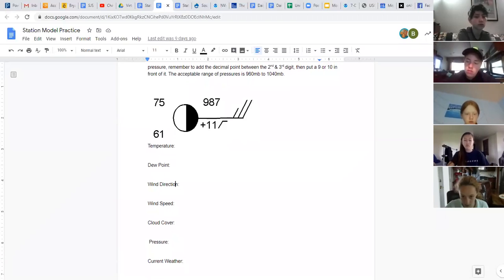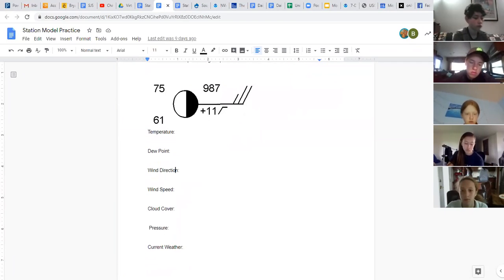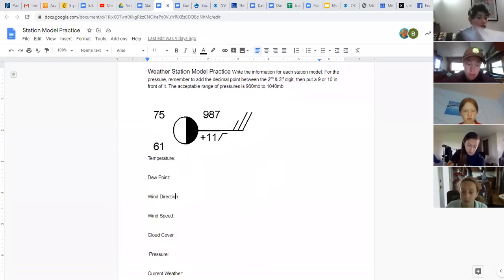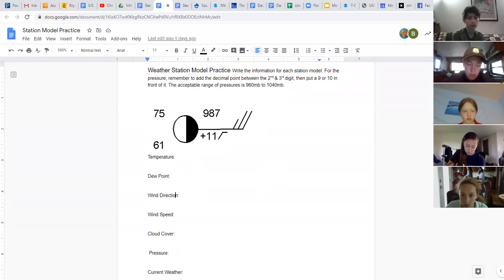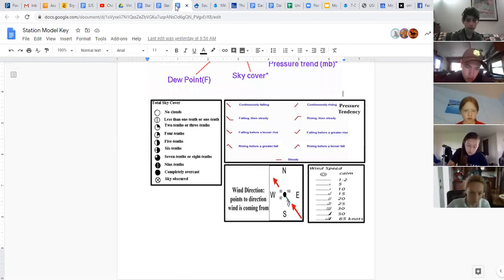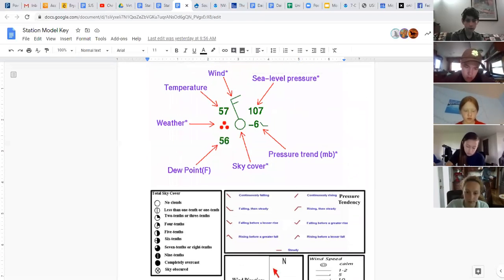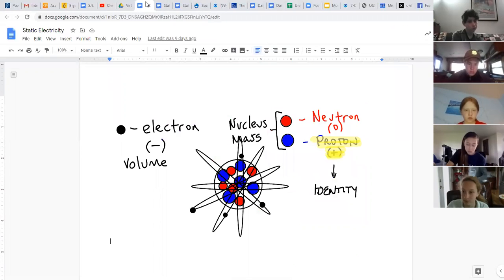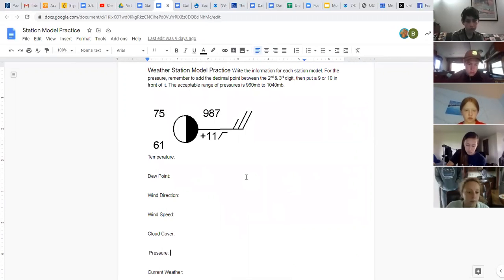Not too many of us struggled with cloud cover, which was great. Pressure is the big one. So I'm going to demonstrate how to redo the pressure for number 1 according to the directions. The pressure is the number reported in the upper right-hand corner. So in this one, it's 107. In our assignment from yesterday, it was 987.